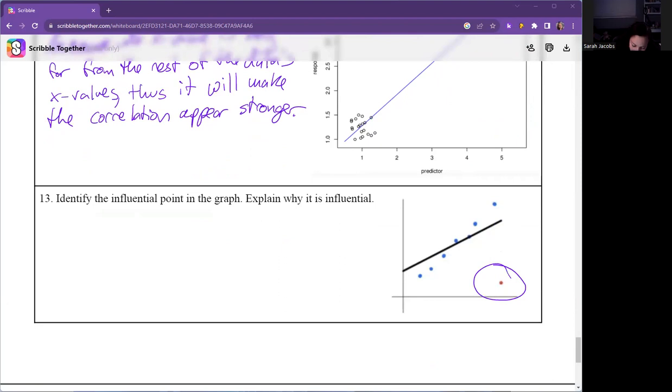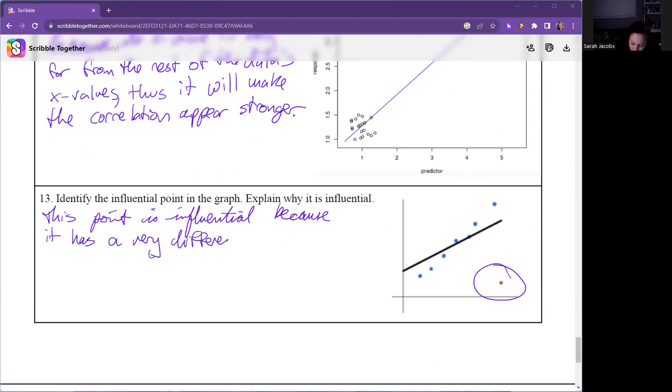So this point is influential because it has a very different y value than would fit with the rest of the data.